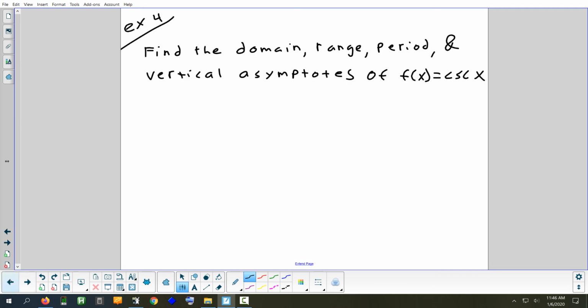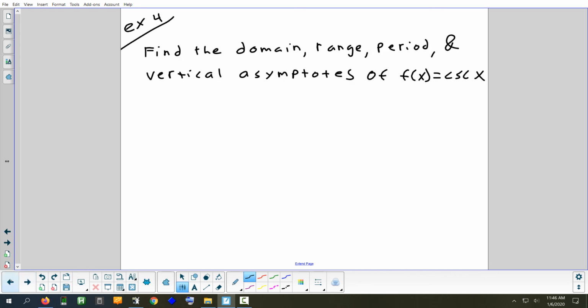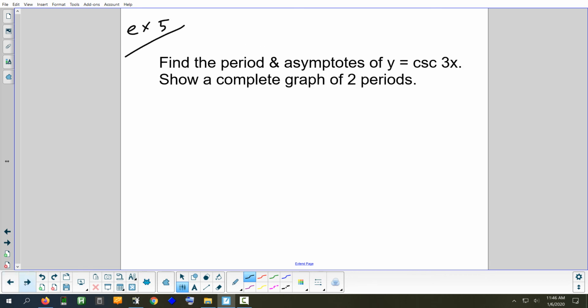I was going to do it for cosecant, but for cosecant, there's no transformations. Let's jump to one where there is. So I'm skipping example 4, I'm going right to 5. Find the period and the asymptotes.